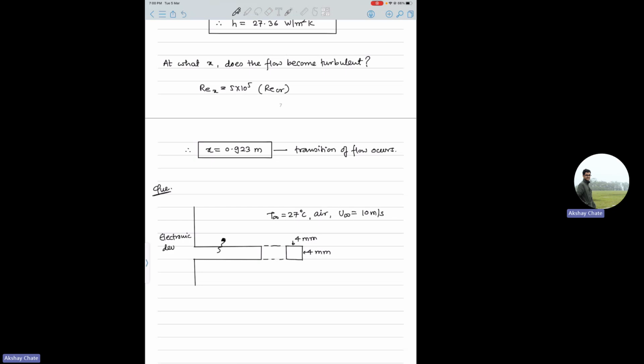So this is the electronic device interface, and your fin is supposed to cool the electronic device by rejecting its heat. The rate of heat rejection by the fin to the air is around 40 milliwatts. So in a second, it is giving out 40 millijoules of energy.